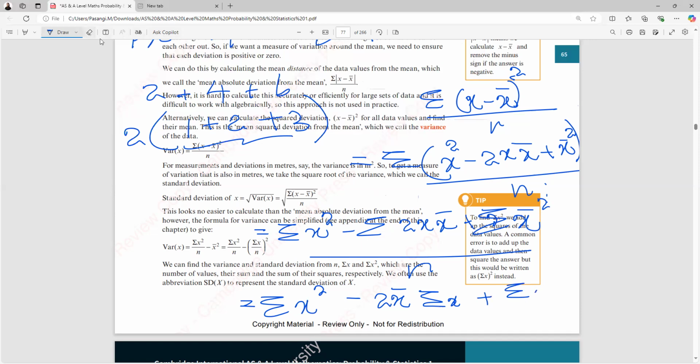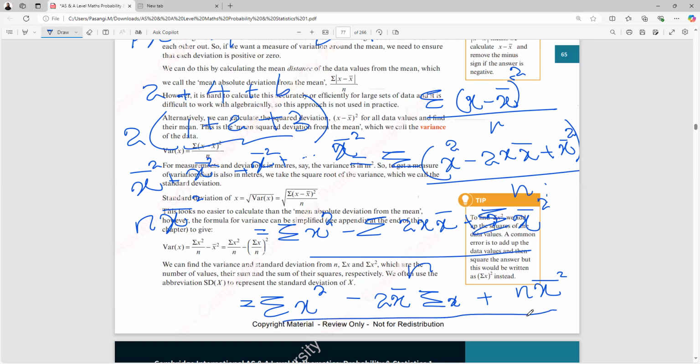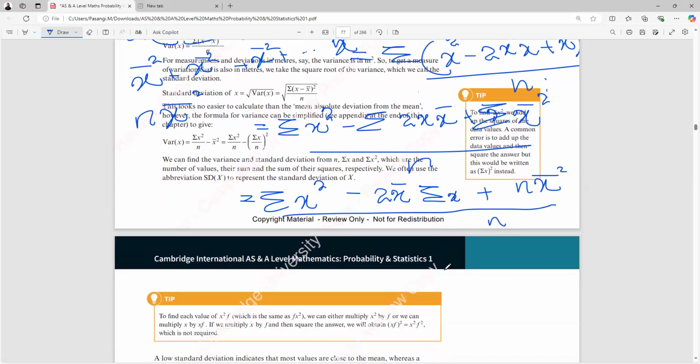Sigma x bar squared means actually n x bar squared. Sigma x bar means x bar plus x bar plus x bar, likewise n number of terms, so we can rewrite it as n x bar squared, and as the denominator we have n.